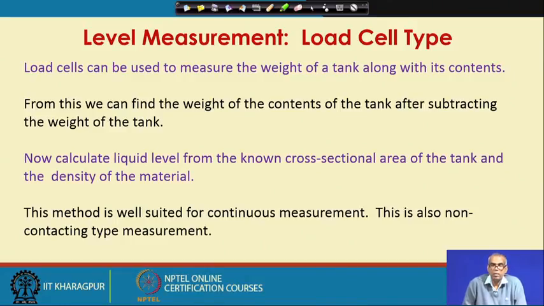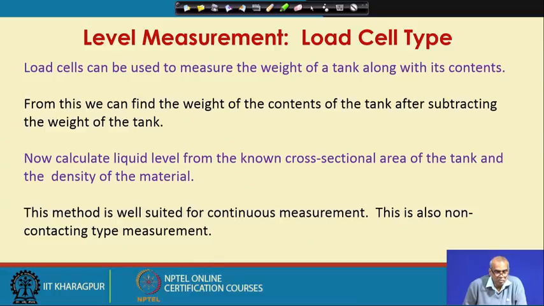Let us say we have liquid in the tank. So, we are using a load cell to measure the weight of the tank plus the weight of the liquid contained in it. We must know the weight of the empty tank. Now, calculate the liquid level from the known cross sectional area of the tank and the density of the material.